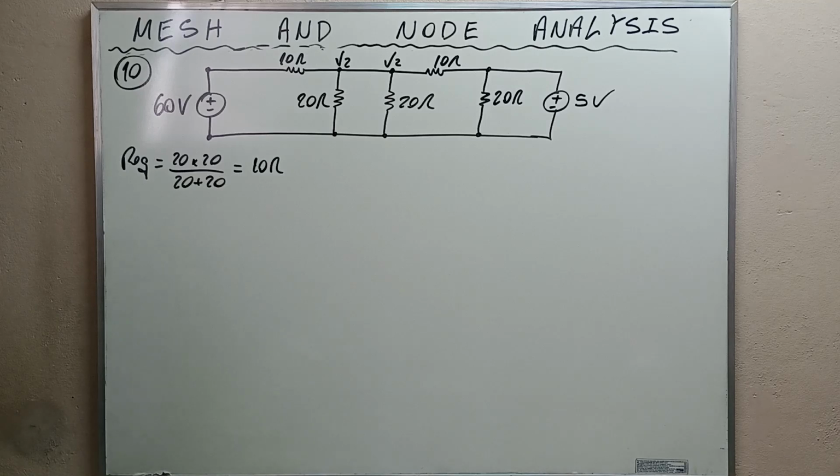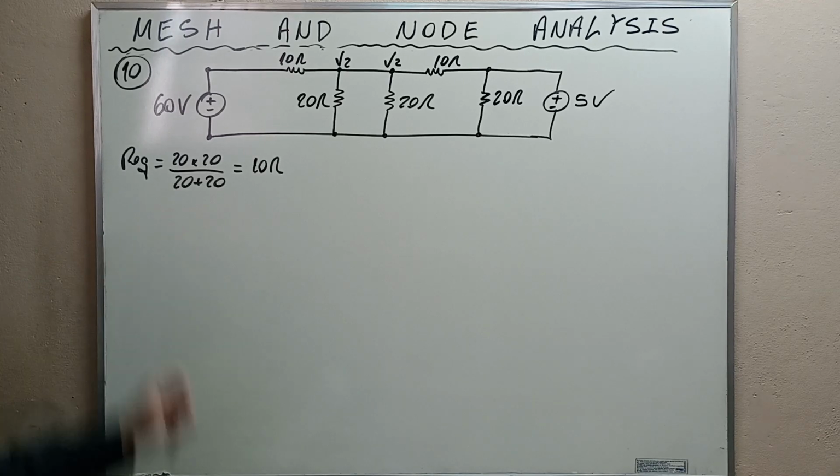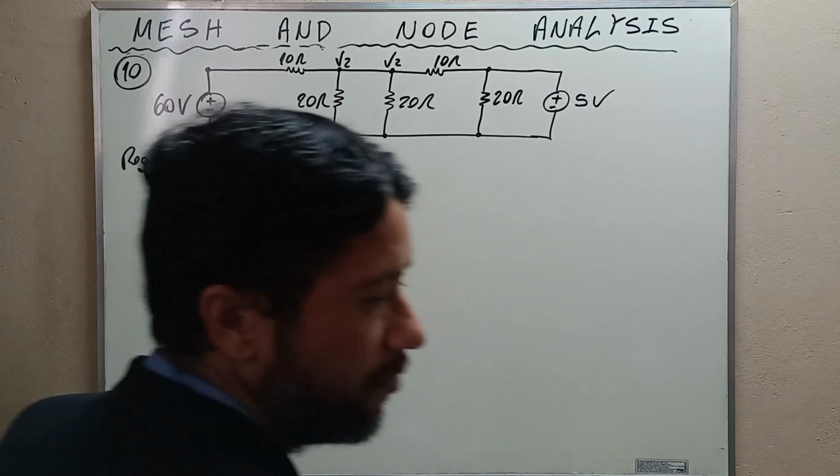They are connected in parallel, and when combining resistances in parallel, we use this rule of thumb here, the product over the sum, okay, my friends? And then the circuit can be redrawn as this.